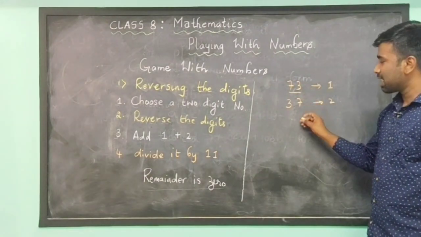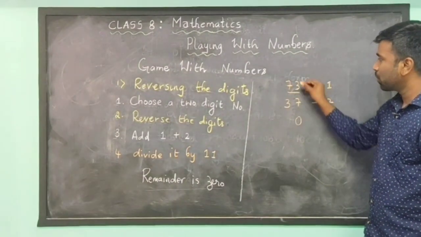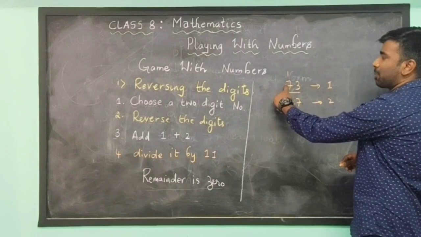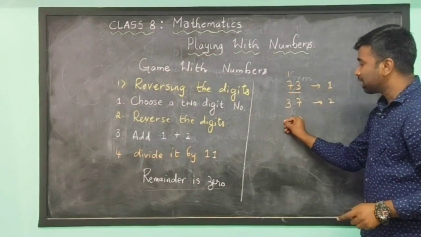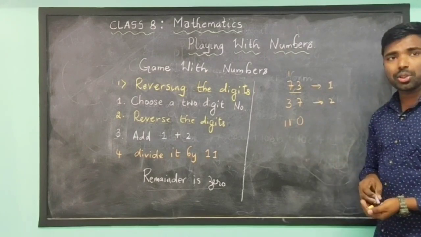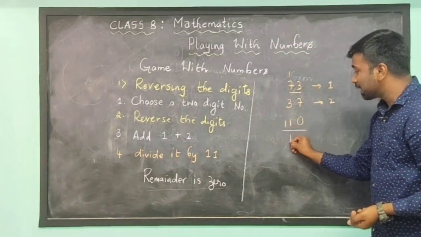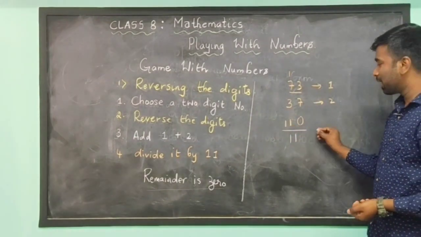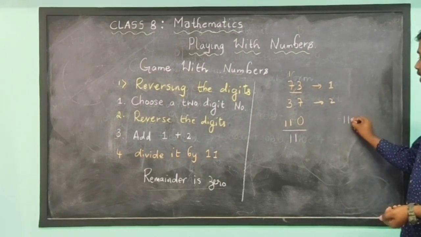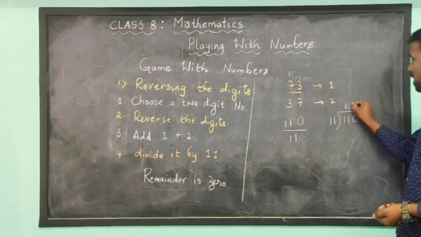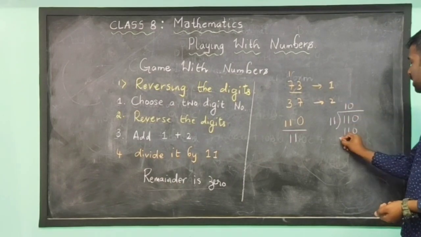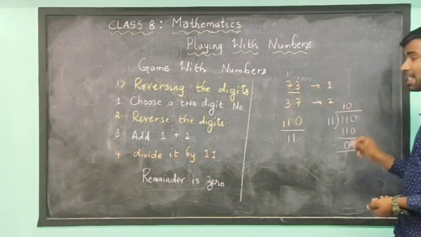3 plus 7 is 10, 0, carry over 1, 7 plus 3 is 10 plus 1, 11. So the sum is 110. Now you should divide it by 11. 110 divided by 11. 11 tens are 110. The remainder is 0.